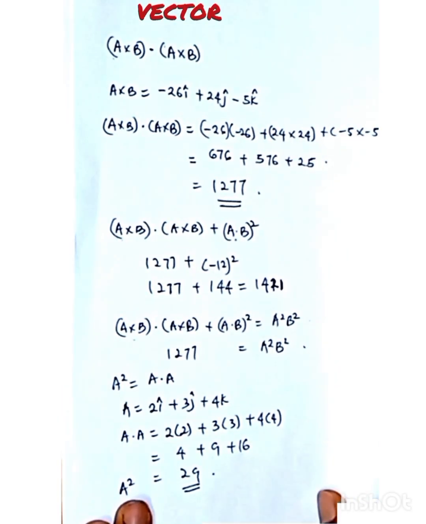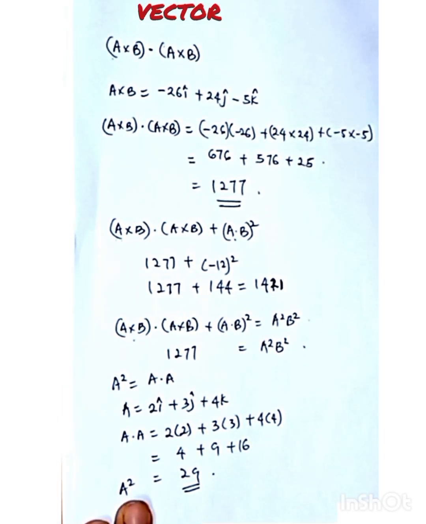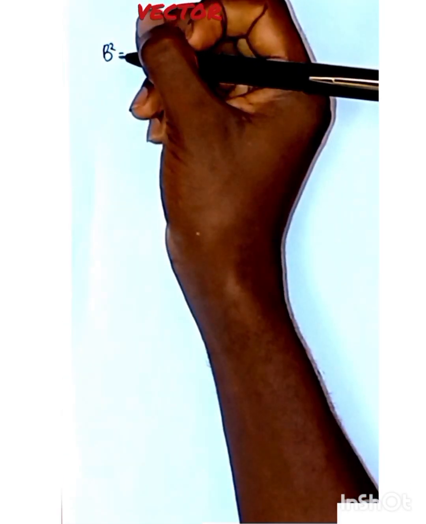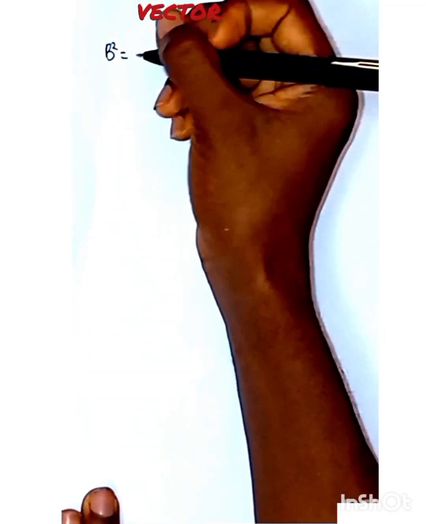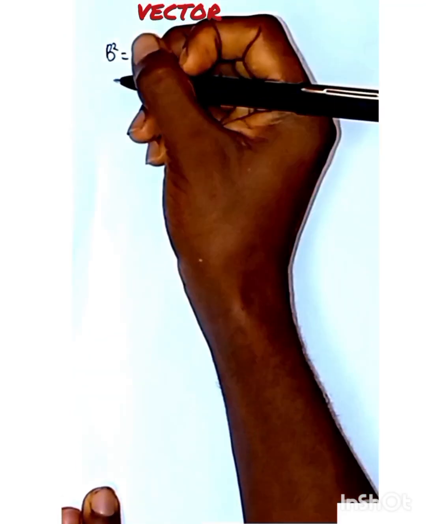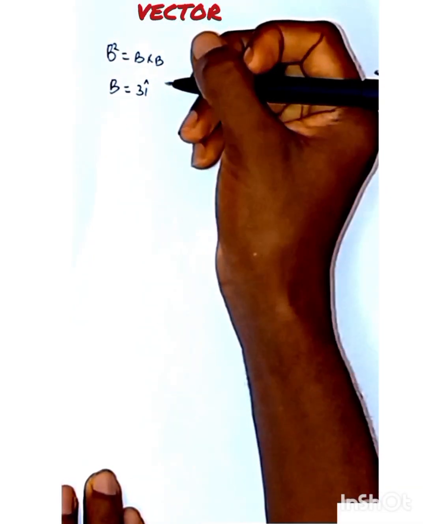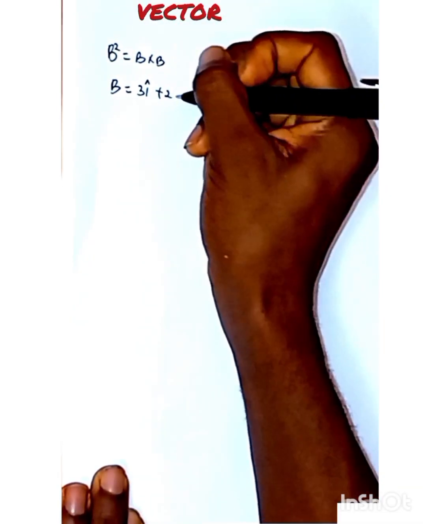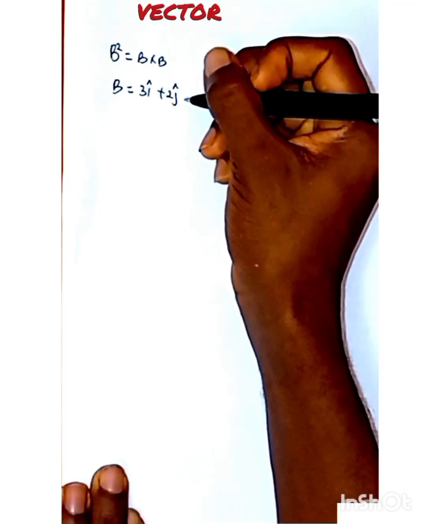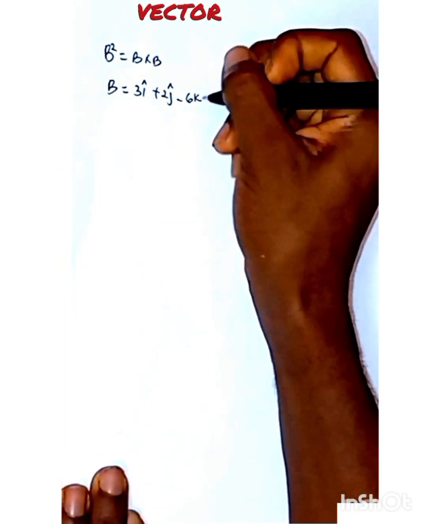Then we get the next one, B squared. B squared is B times B, where B from the initial question is 3i plus 2j minus 6k.